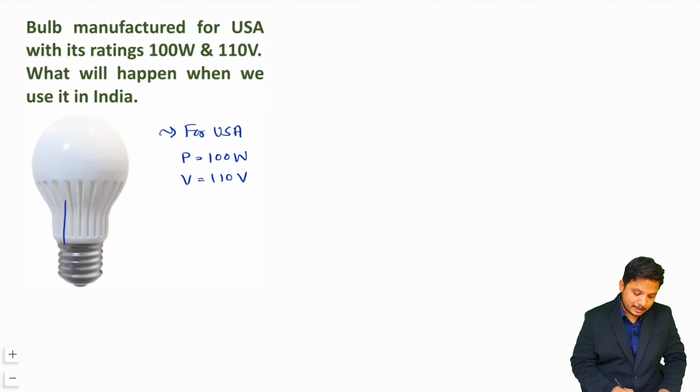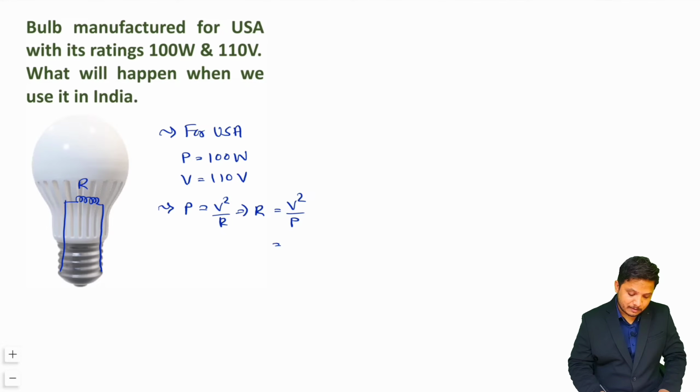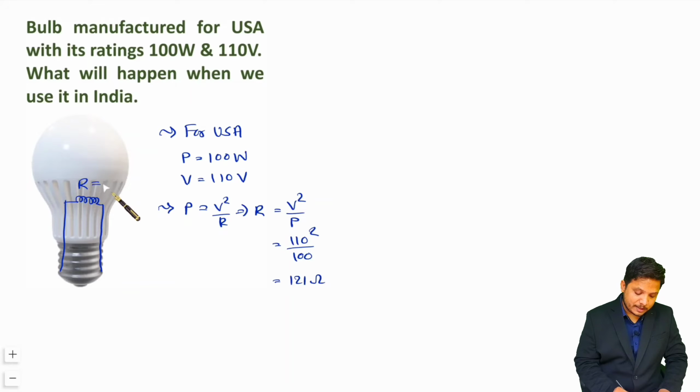Let us calculate its internal resistance R. As per P is equal to V square by R, R is V square by P, and V is 110 square divided by P is 100. So this will be 11 square, meaning 121 ohm. So now we got the value of internal resistance, that is 121 ohm.